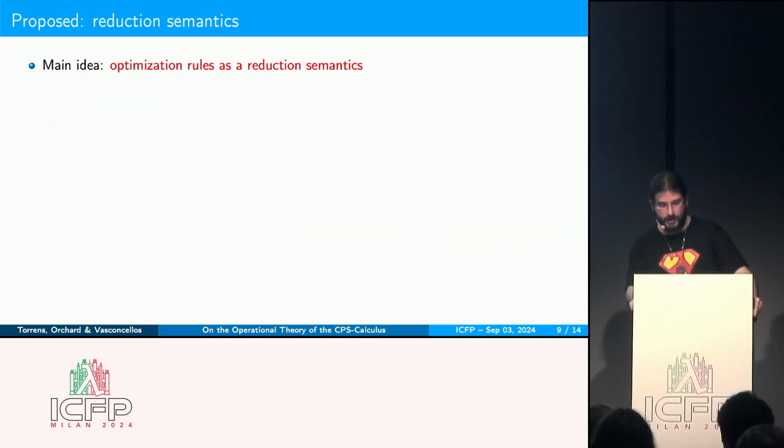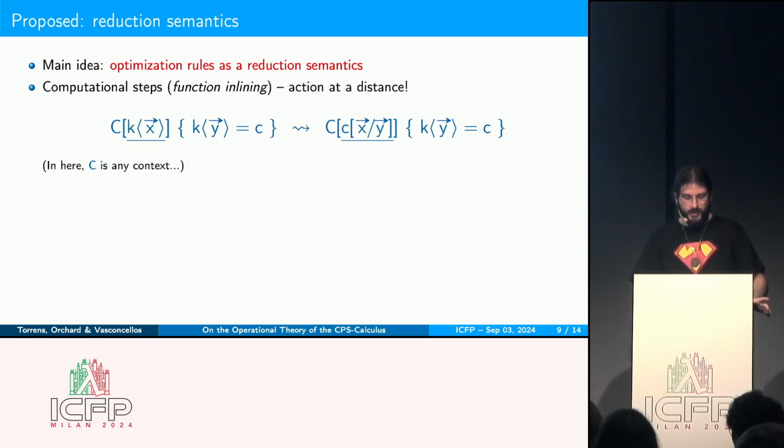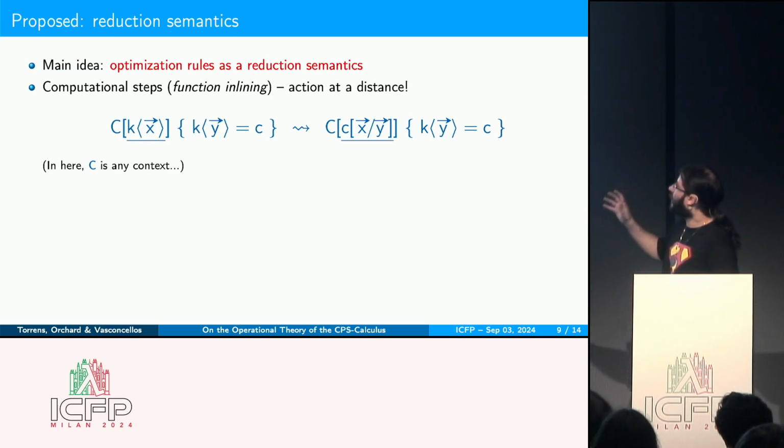So what's our idea? We're going to take the idea that we can use optimization rules just as they are found in actual compilers as the semantics of our language. So we start by taking some computational steps in our semantics that are characterized by functional inlining. This is called a reduction, an action at a distance.